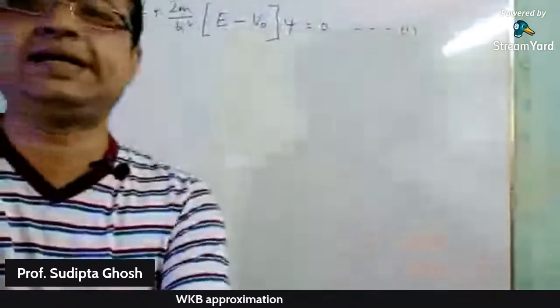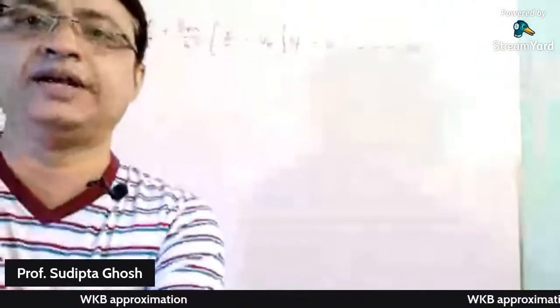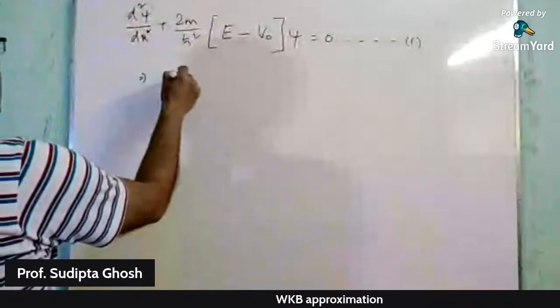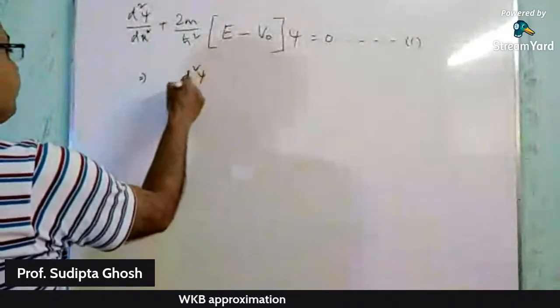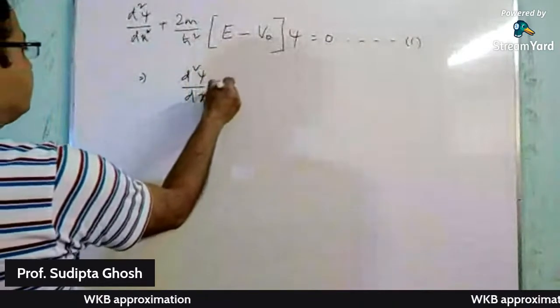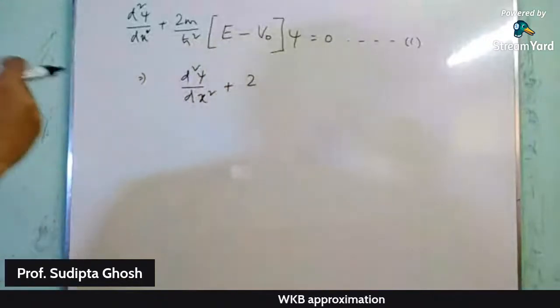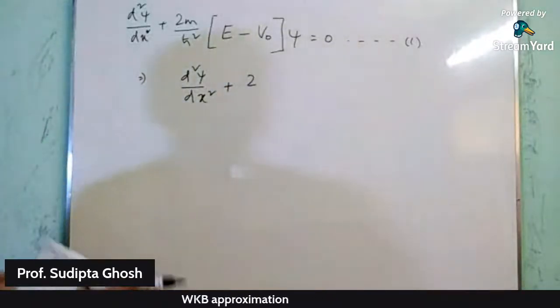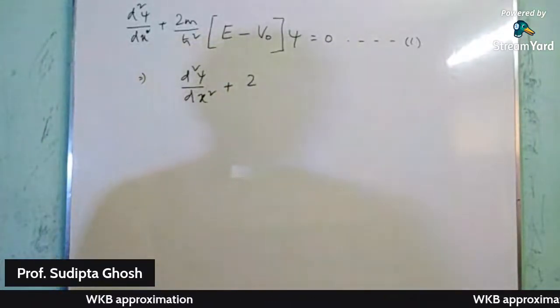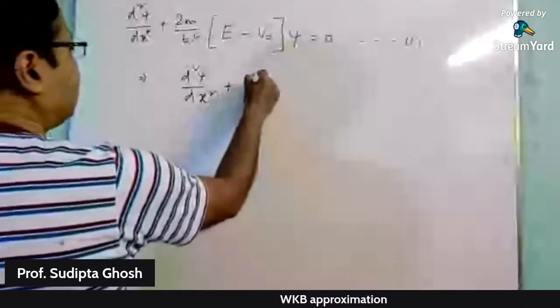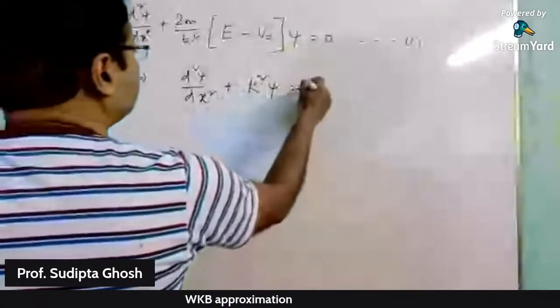Or you can reduce this equation as we have done earlier: d2 psi by dx2 plus 2m by h cut square times E minus V0. All these terms are constant, so you can write it as k square. So d2 psi by dx2 plus k square psi equals 0.